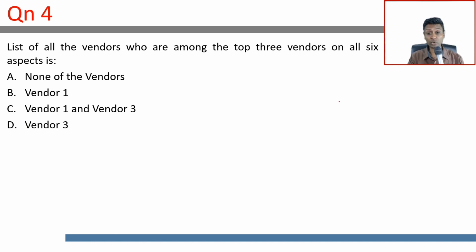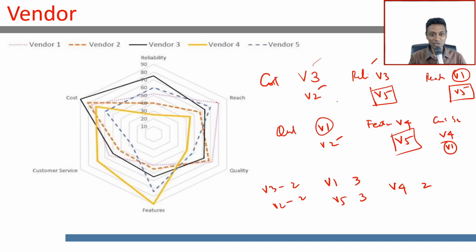List of all the vendors who are among the top 3 on all 6 aspects. All top 3. So I'm going to go back to this. Top 3 for cost is V3, V2, V1. Reliability is V3, V5, V1. Reach is V1, V5, V3.